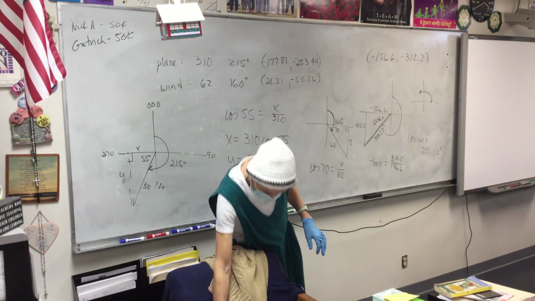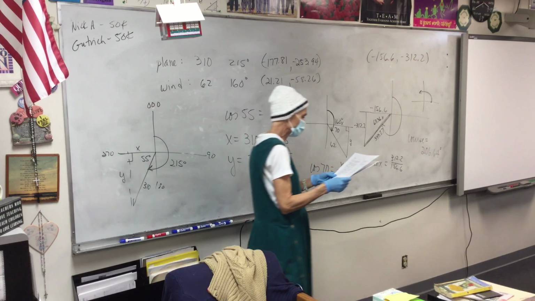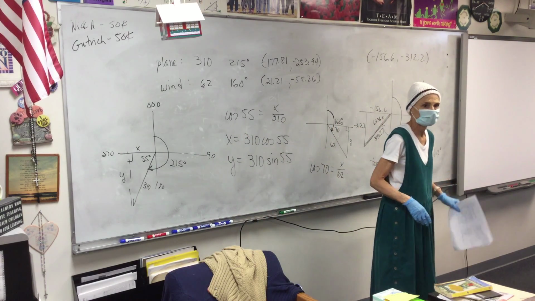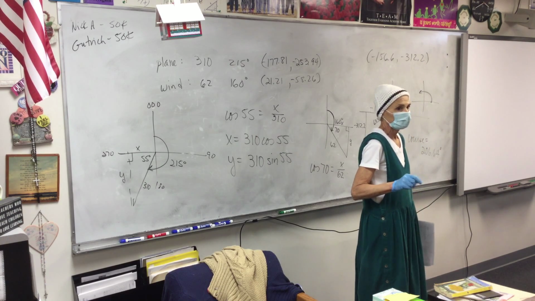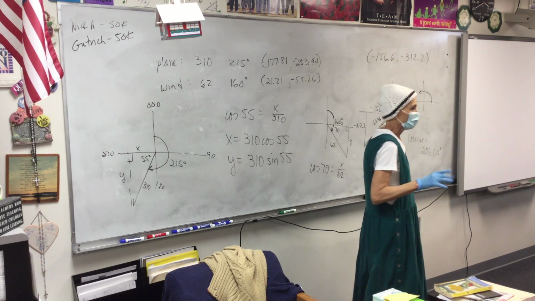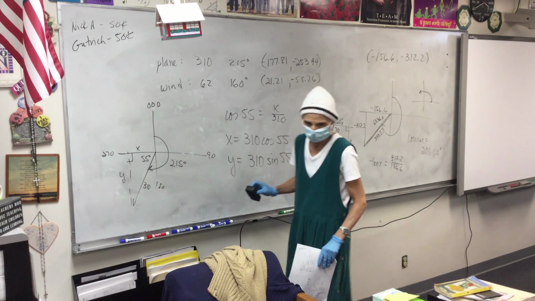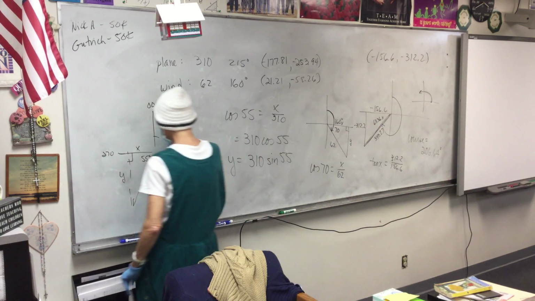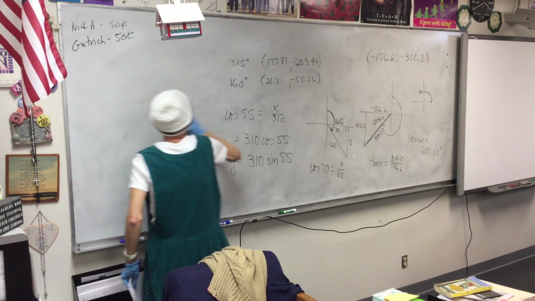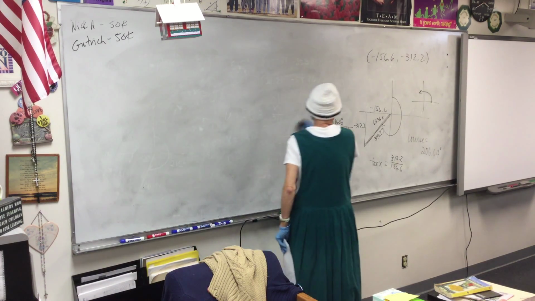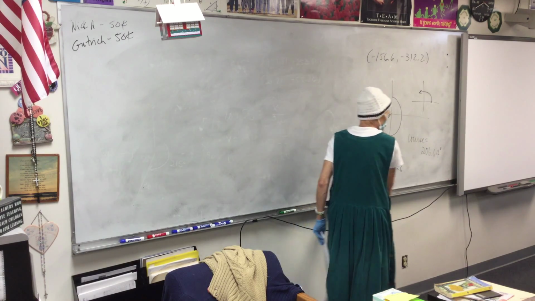Let's see what number 4 is. Find a unit vector in the same direction as (1, 3). How do we find a unit vector, folks? You guys, we did this yesterday. We have to find the magnitude of the original vector. So what's the magnitude of the original vector?